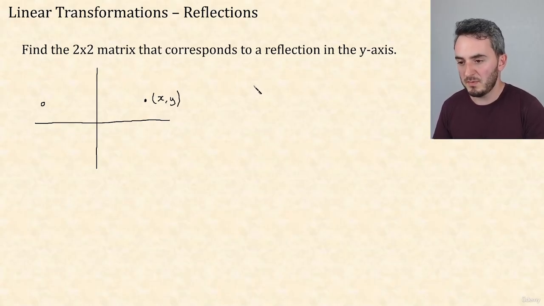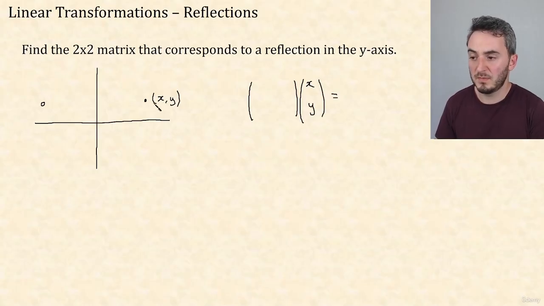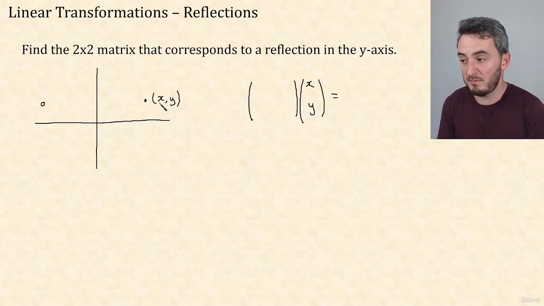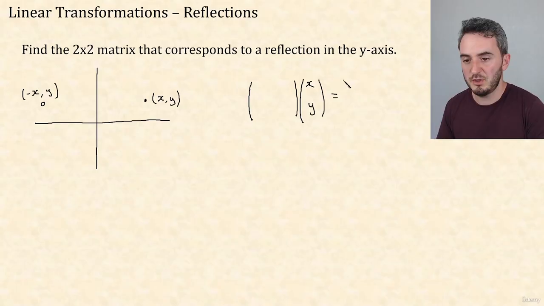So we want to be taking a 2 by 2 matrix, multiplying it by x, y, and ending up with, well, what? What are the coordinates of this point? Well, the x value has just been made negative, so its x coordinate is minus x, and its y coordinate has been left alone.